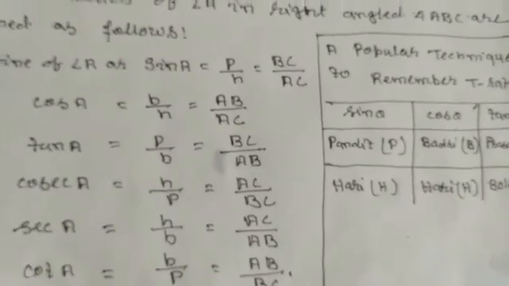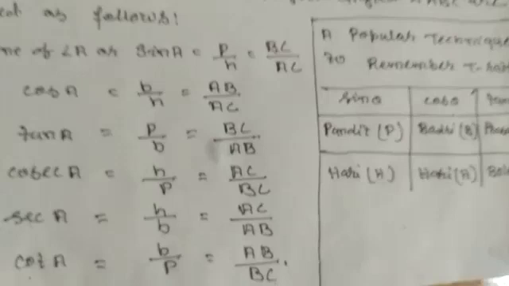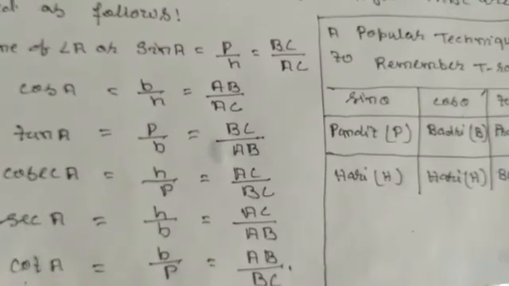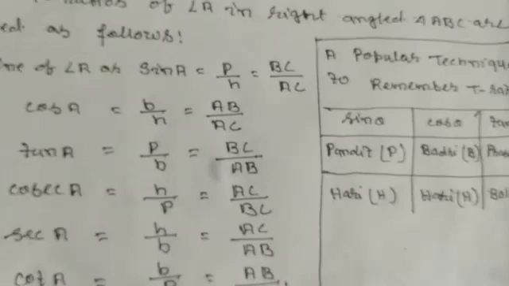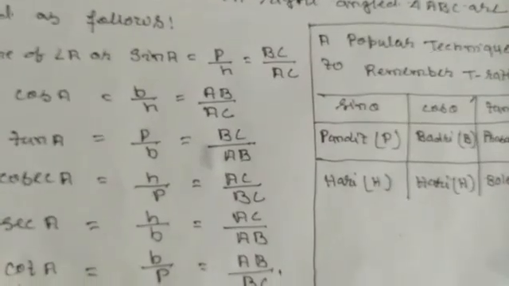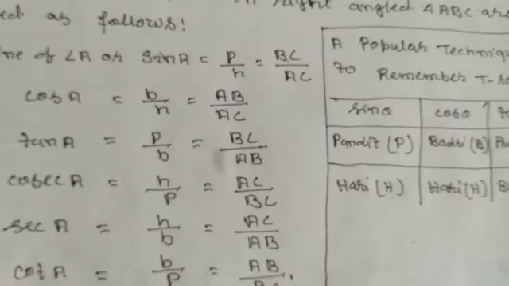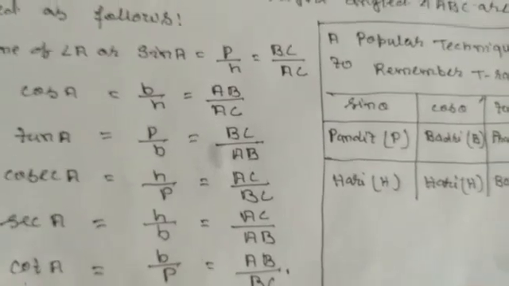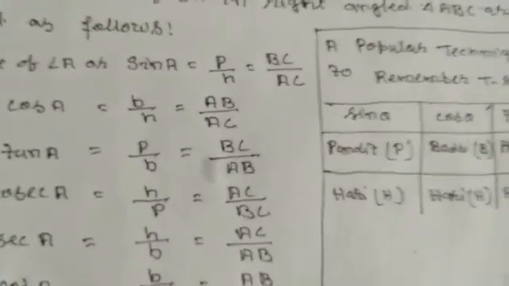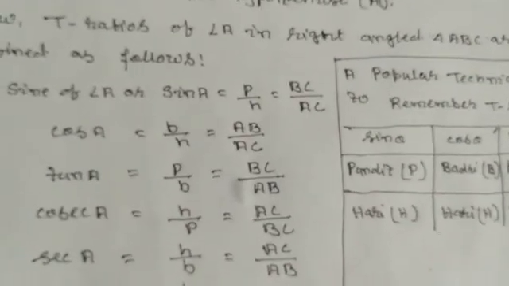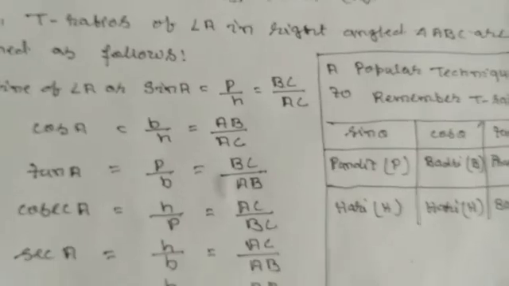Now, point number 5. In an isosceles right angled triangle ABC, which is right angled at B, the trigonometric ratios obtained by taking either angle A or angle C give the same value. This is the case of an isosceles right angle triangle.